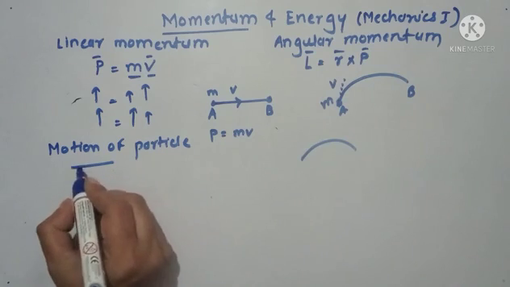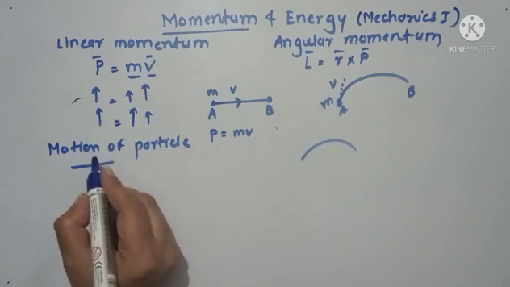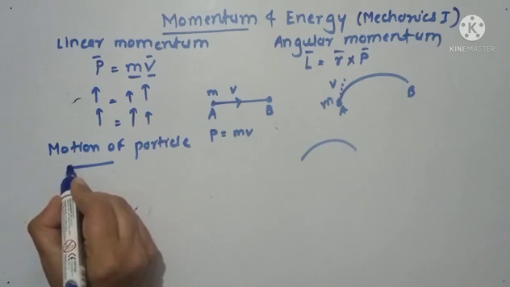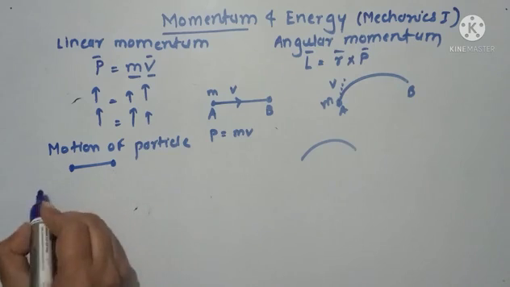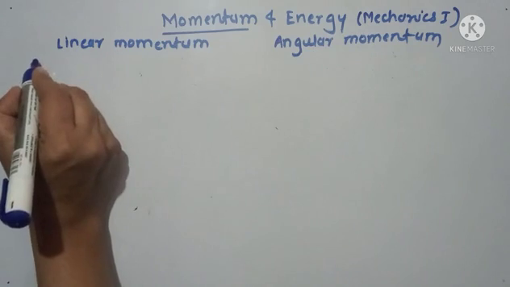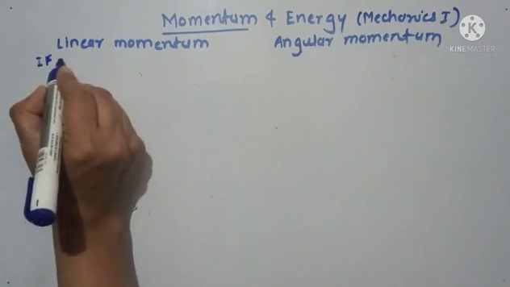The law of conservation of the linear momentum says that whenever the external force applied on a particle is zero, then linear momentum is conserved.